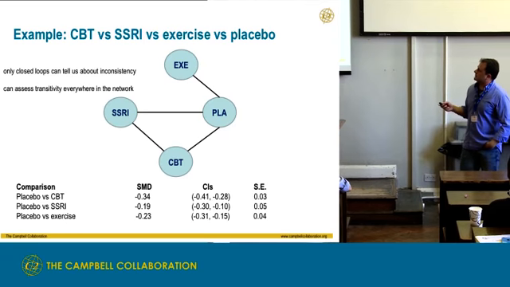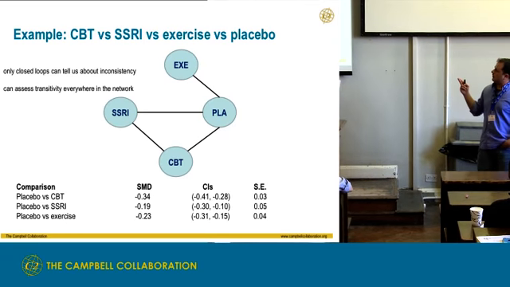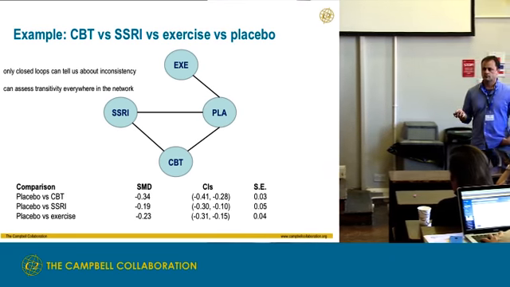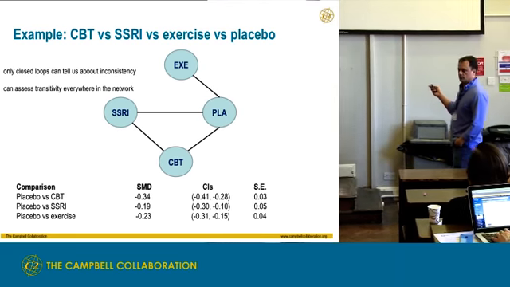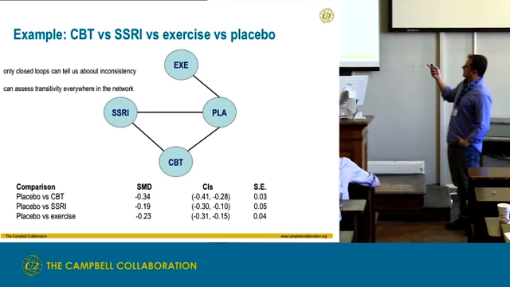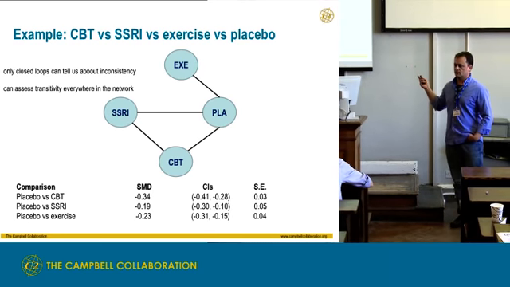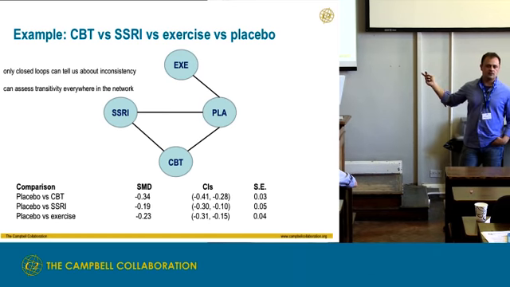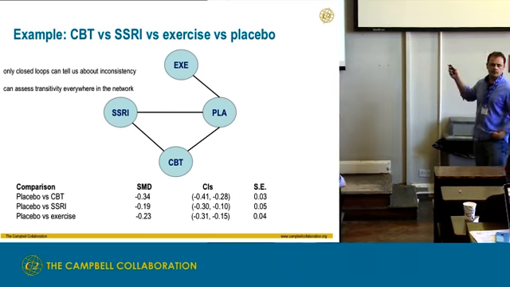Can I get an indirect estimate for exercise versus SSRI? Yeah, they are both compared to placebo. Can I get an indirect estimate exercise versus CBT? Yeah. An indirect estimate SSRI versus CBT? Yeah, all of them are compared to placebo.